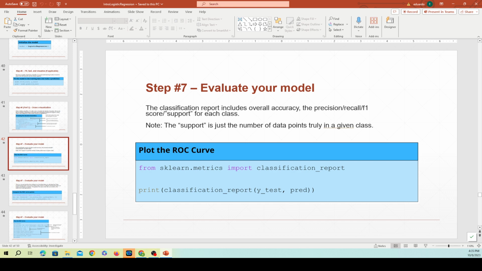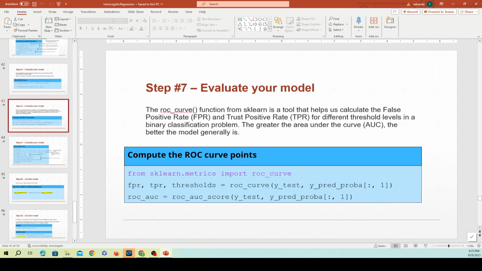We can use the classification report to do some other types of evaluating the predictions. We can import the ROC curve. So from sklearn metrics, import the ROC curve. The ROC curve is going to take two values, the Y test and the Y prediction probability, to match them up.